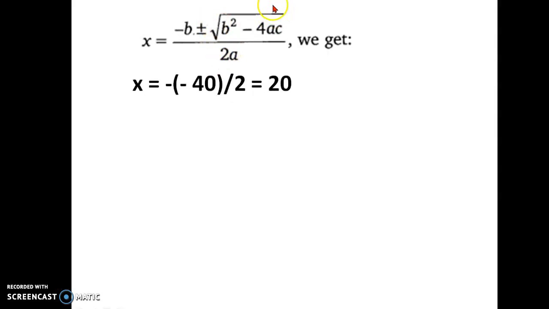And the root of B square minus 4AC, just now we found out it is 0, so no need to write it. Leave that and write the denominator alone. The denominator is 2 into A. A is 1. So 2 into 1, simply I have written 2. Okay. So minus of minus will become plus. So plus 40 divided by 2. 40 divided by 2 is 20. So x value is 20.